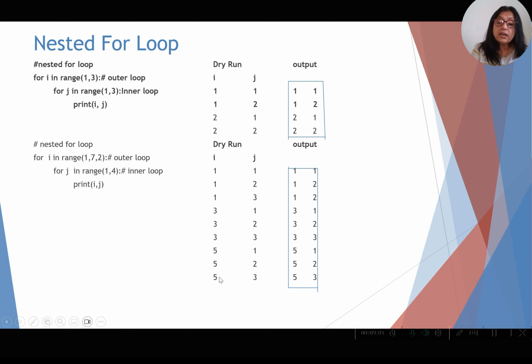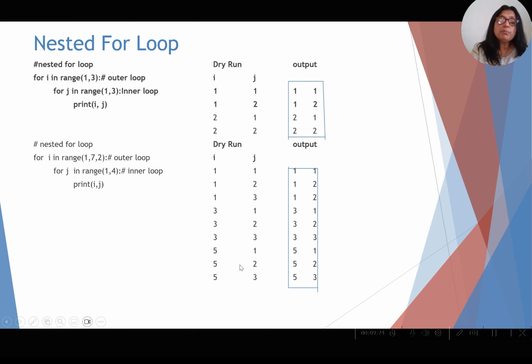It is 3 times 5. Why is it 3 times 5? Because the inner loop will be repeated 3 times. So for the second pass it is 3, 3, 3 with 1, 2, 3. The third pass I value is 5, so it would be three 5s and 1, 2, 3.